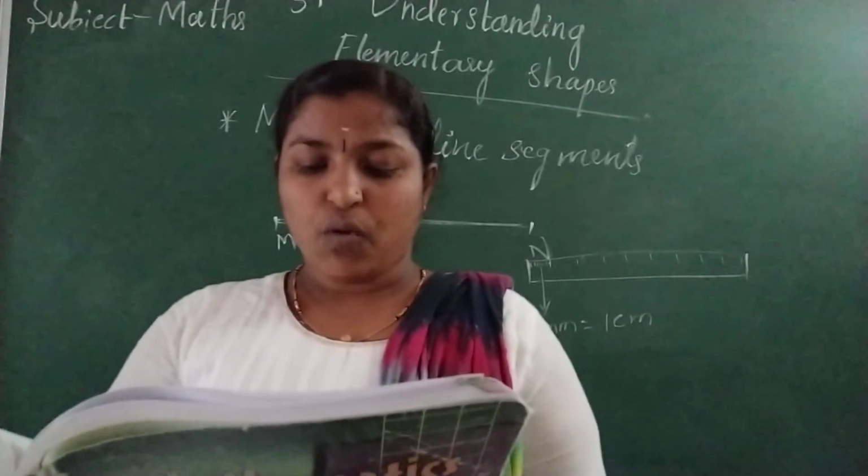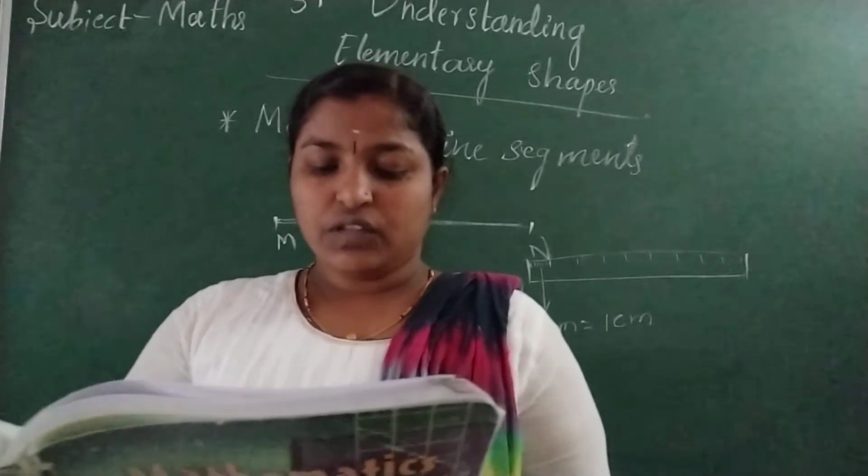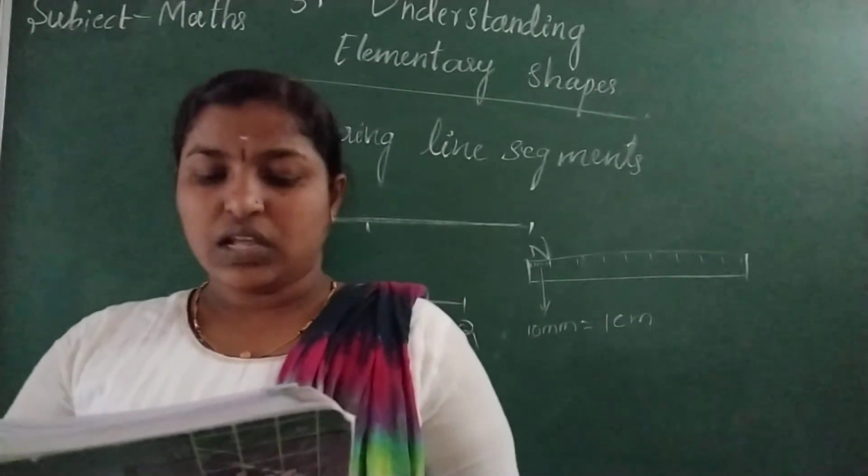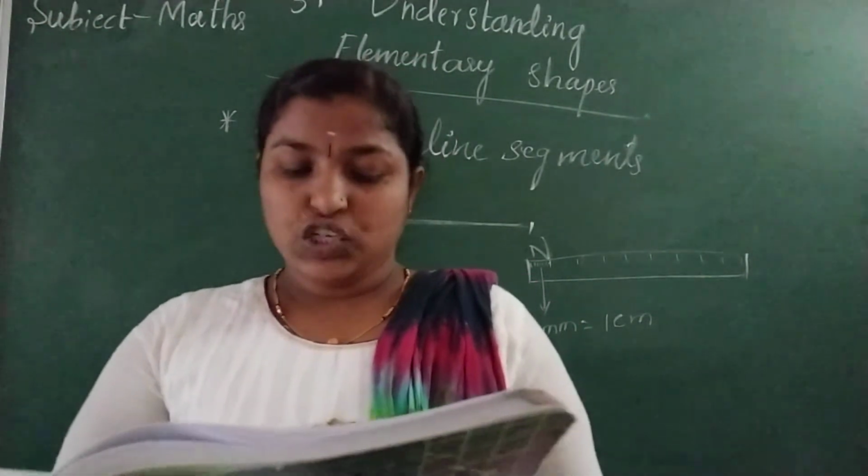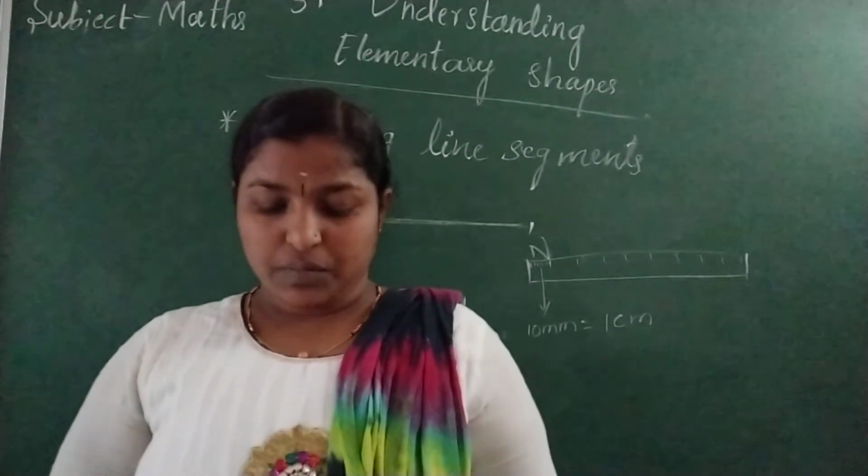Ensure that one end point is at the 0 mark of the ruler. Now read the mark against the other end point. So you will get the measurement of the line segment.